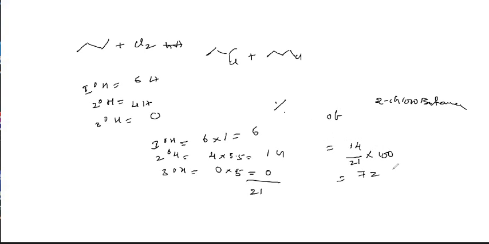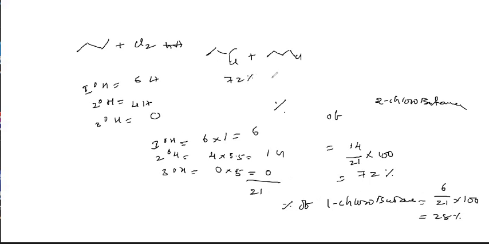This is almost 72%. Then the percentage of 1-chlorobutane: here how many primary? 6 by the total 21 into 100. This is almost 28%. Then here we wrote that major is always 72% and minor is 28%.